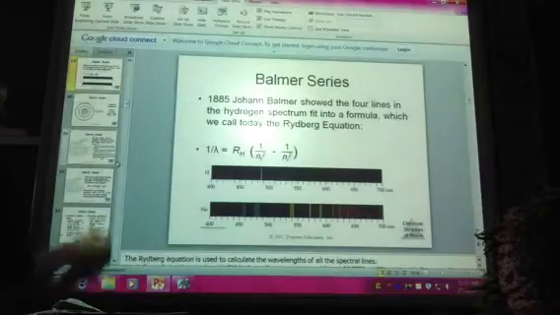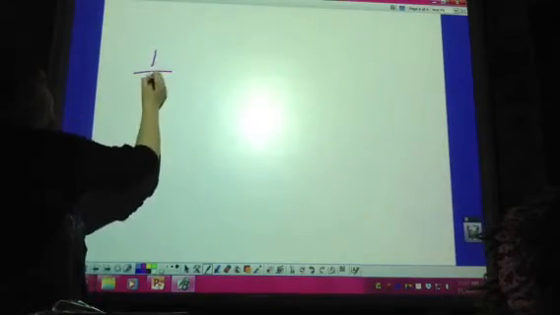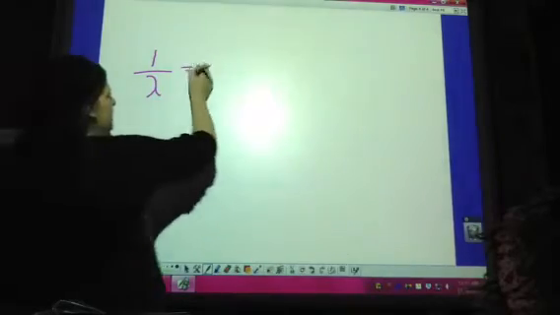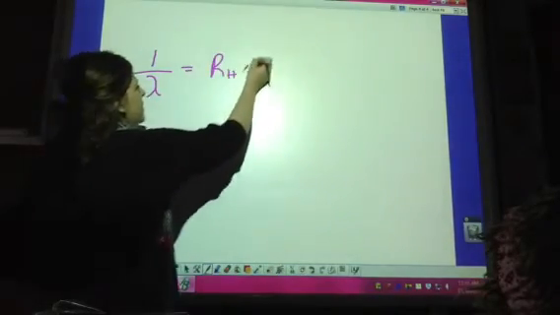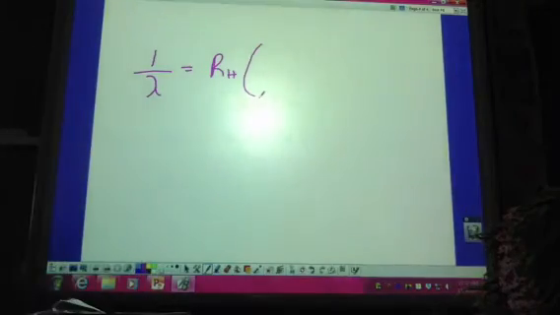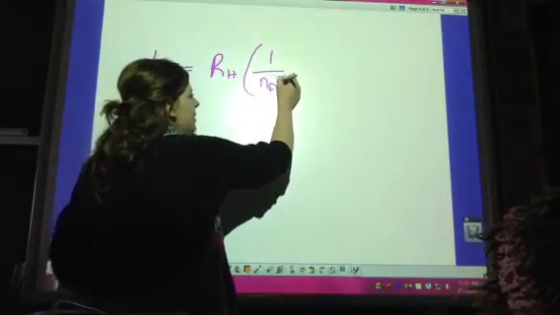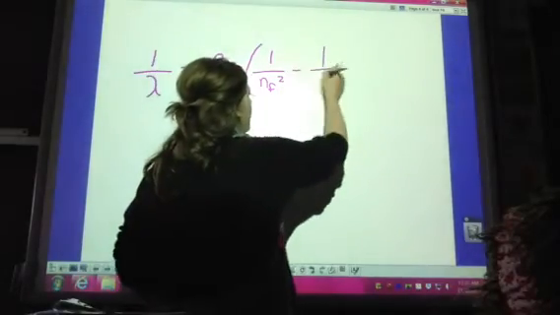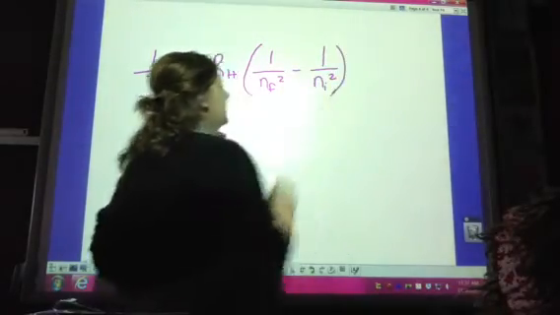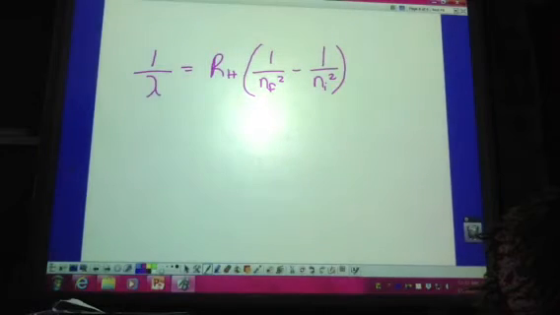So let's go back. My Rydberg equation: 1 over wavelength equals RH, which is the Rydberg constant, times 1 over the final energy level squared minus 1 over the initial energy level squared.